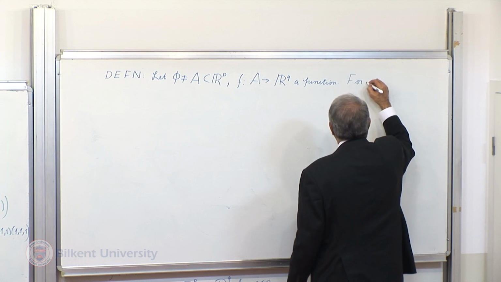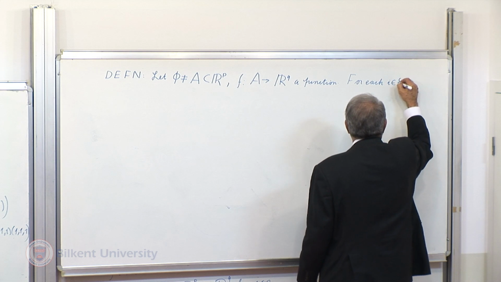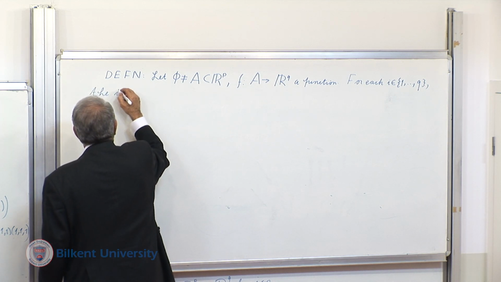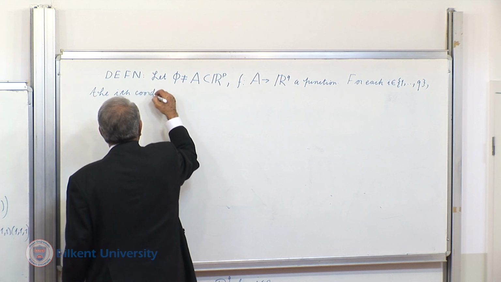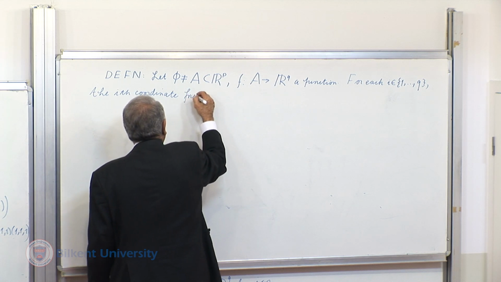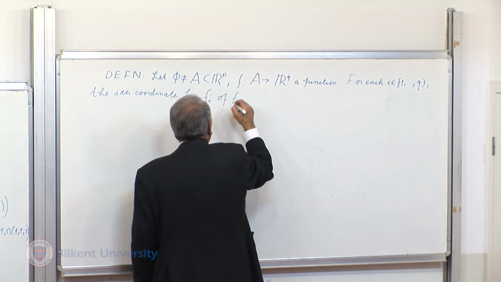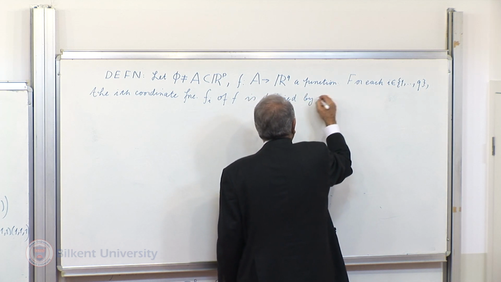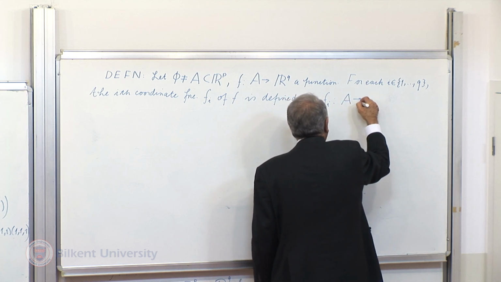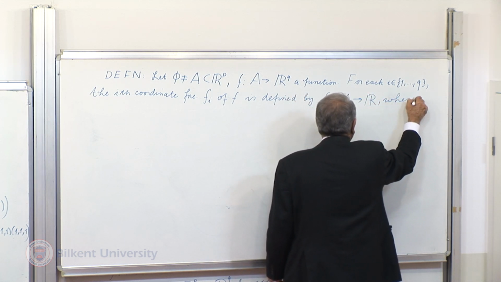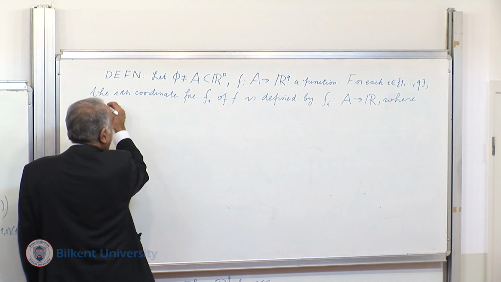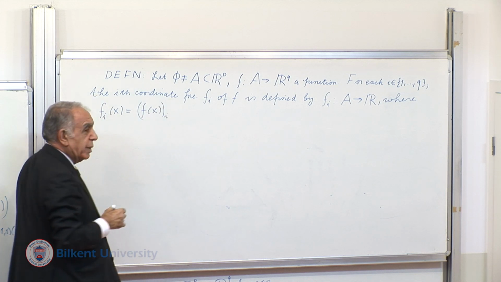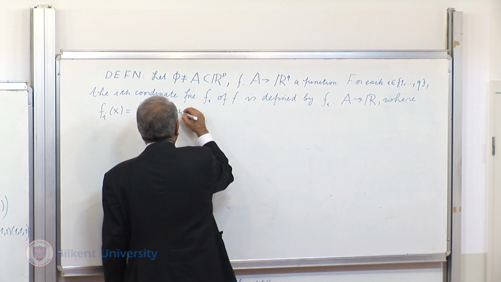For each i from 1 to q, the ith coordinate function f_i of f is defined by f_i on A to R, where at each x, well, f_i of x, you form f of x, that's the q-vector. You take the ith component of that at each x in A.